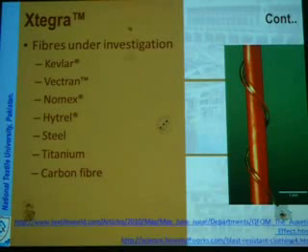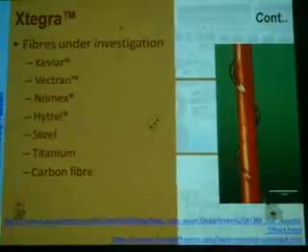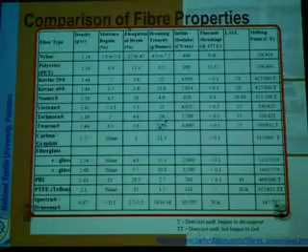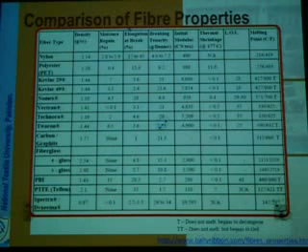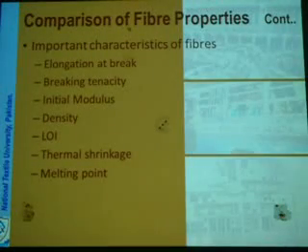Currently, fibers under investigation are Kevlar, Vectran, Nomex, high-tenacity fibers, steel, titanium, and carbon fiber. Important fiber properties in the manufacture of these materials are elongation at break, breaking tenacity, initial modulus, density, LOI, thermal shrinkage, melting point, etc.